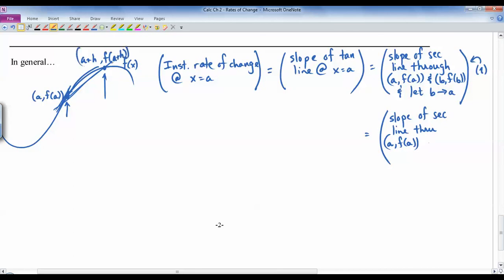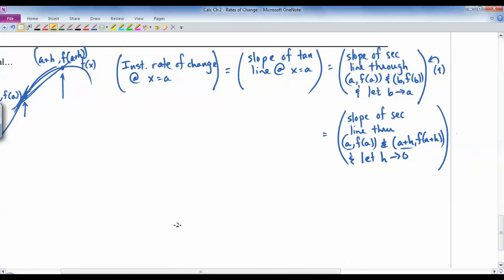So you're taking that point as your second point, a plus h, f of a plus h. And you let h turn into 0, because then a plus h will eventually turn into a. So this would be the second method. This would be another way of doing the same sort of thing, but with slightly different calculations.